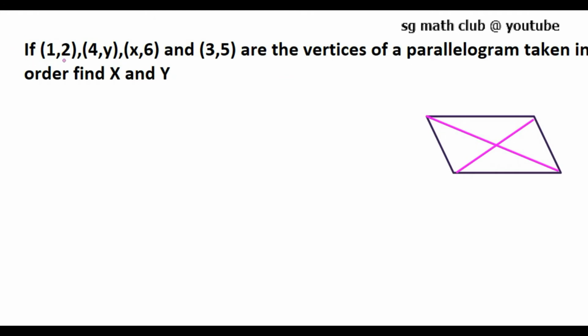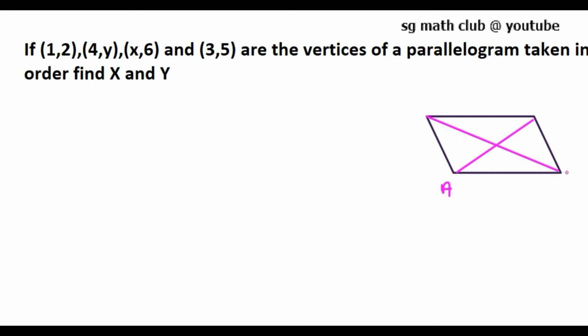Now if (1, 2), (4, y), (x, 6) and (3, 5) are the vertices of a parallelogram taken in order, we need to find the value of x and y. We know that in a parallelogram, opposite sides are parallel and equal, and the diagonals of the parallelogram bisect each other.